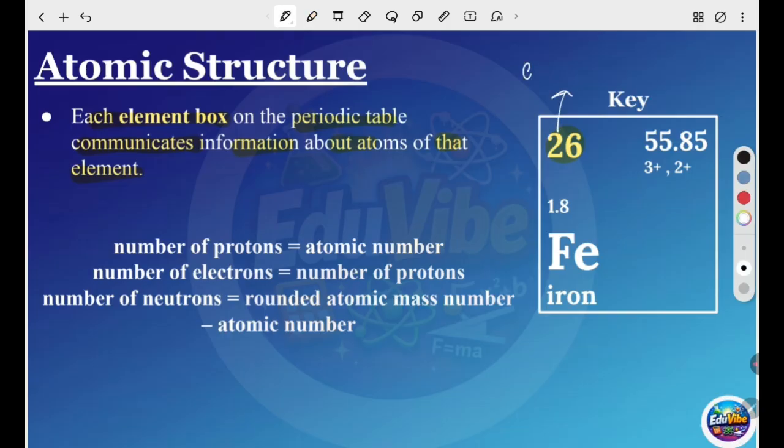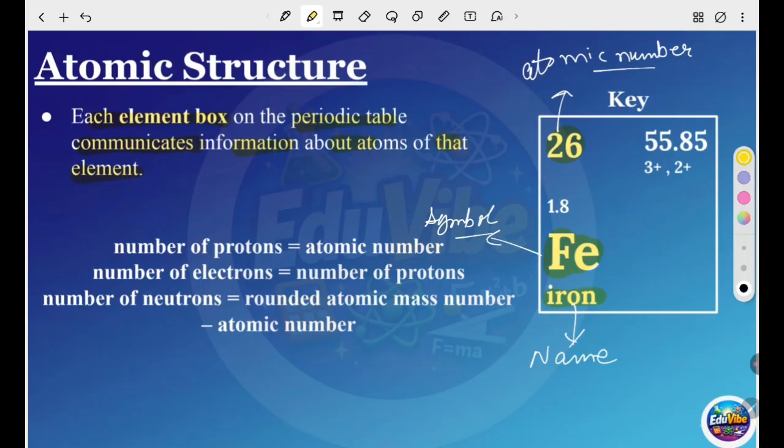The 26 is the atomic number for that particular element. And here we have the symbol of the element, and the name of the element, which is iron. So this is the name and this is the symbol.